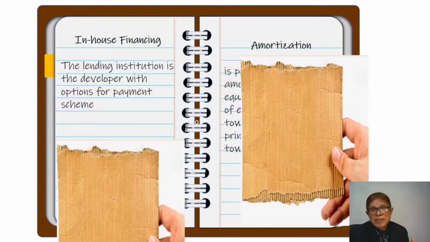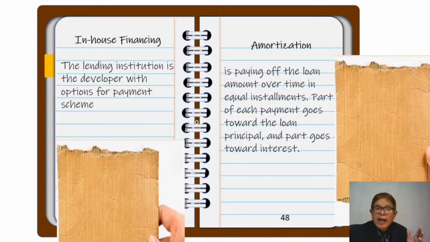What is amortization? Amortization is paying off the loan amount over time in equal installments. Part of each payment goes toward the loan principal, and another part goes towards the interest.